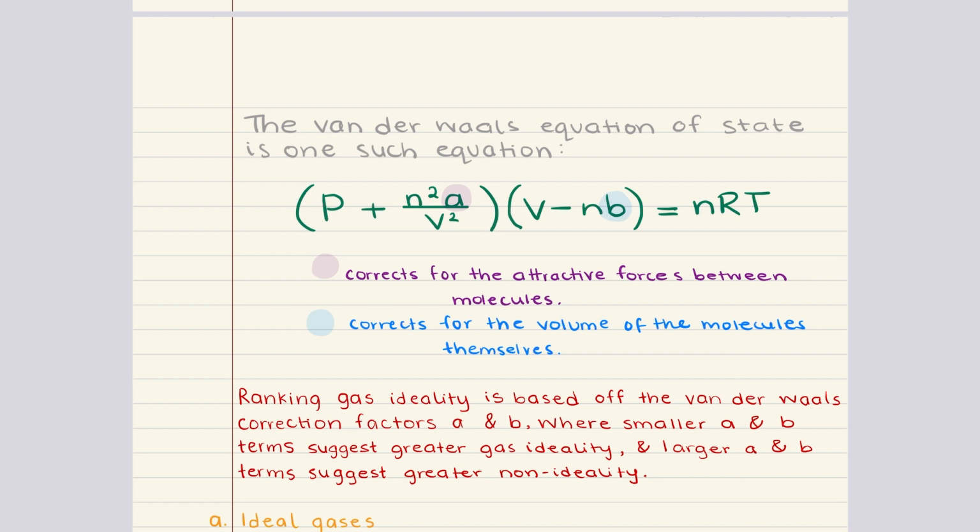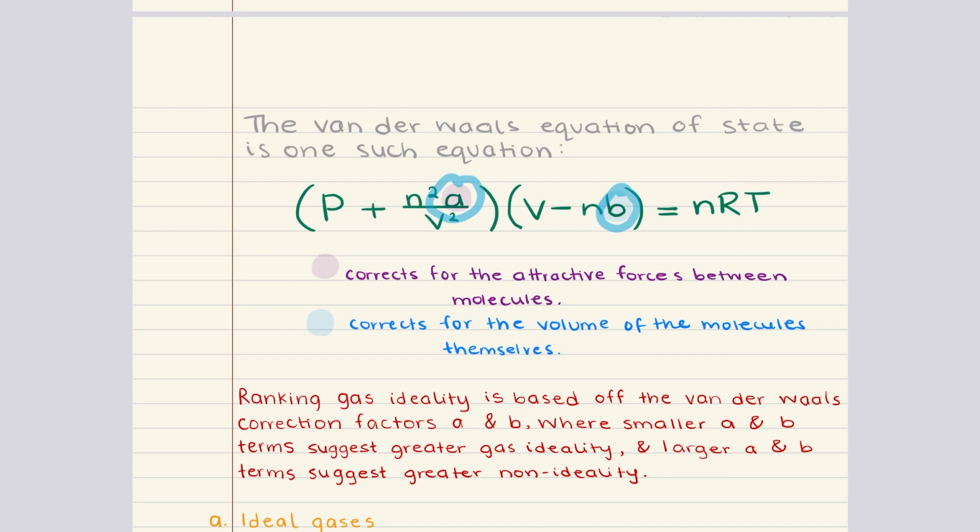So this equation includes two correction factors: the A term, which corrects for the attractive forces between gas molecules, and the B term, which corrects for the finite volume of the molecules themselves. If a gas were truly ideal, A and B would both be zero, and it would reduce the equation back to PV equals nRT. But for real gases, the larger these terms are, the less ideal the gas behaves.